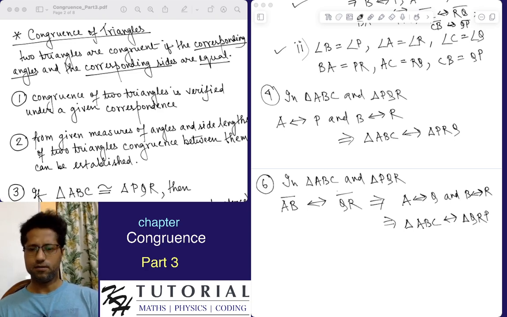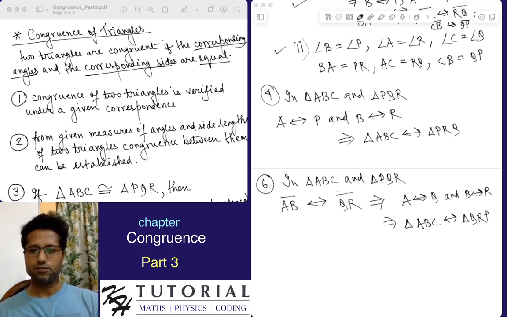Now in triangles, I could be wrong saying this, but it is my intuition that congruence of two plane figures is related to the similarity of shape and size. Now in triangles, you know that there are 6 parts, 3 angles and 3 sides.